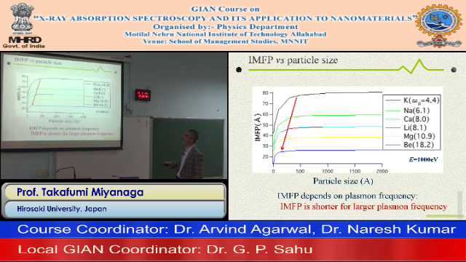The effect of the particle size and the effect of plasmon frequencies is here. Smaller plasmon frequencies show a large mean free path. It is very natural: the energy is small, so the integration is very small, and by the inverse relation the mean free path is still long.